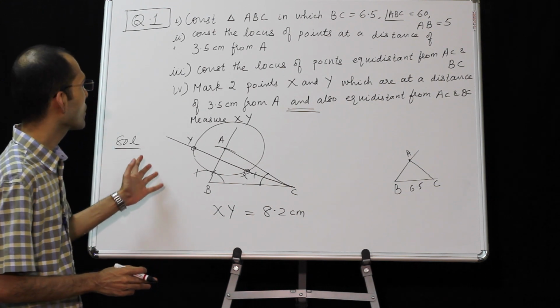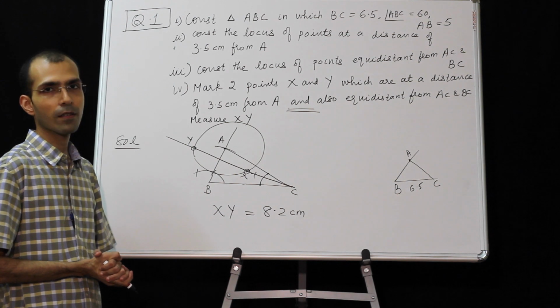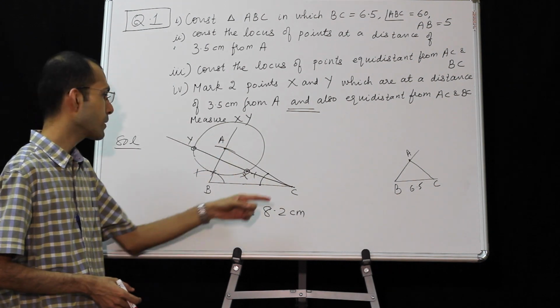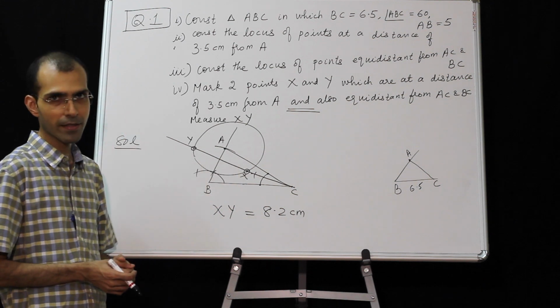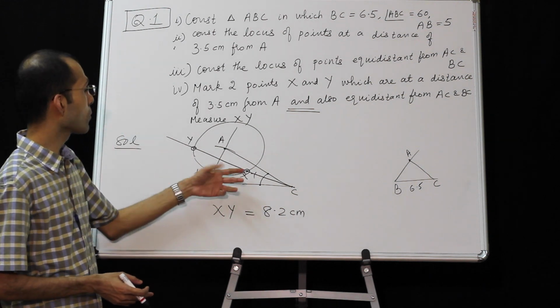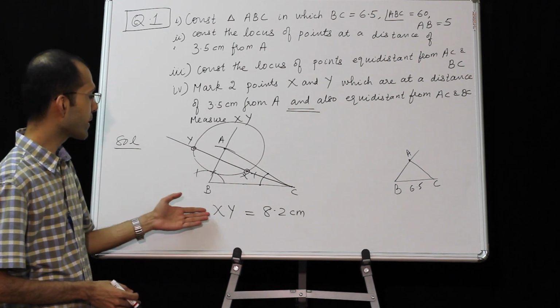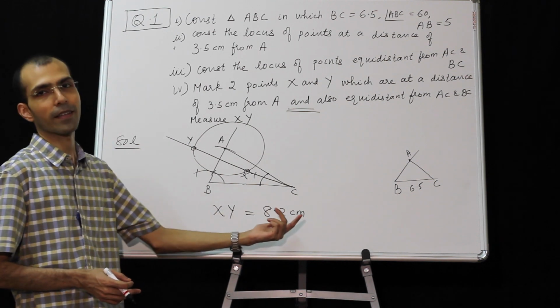So a standard 4 marks question: 1 mark for the triangle, 1 mark for the circumference of the circle, 1 mark for the angle bisector, and finally 1 mark for marking the 2 points X and Y and recording XY.